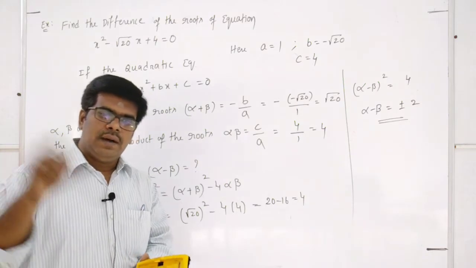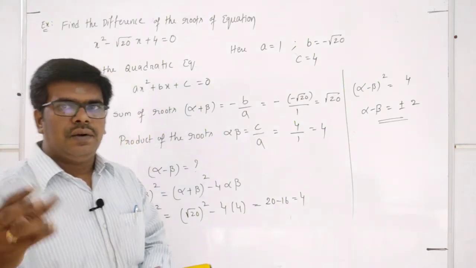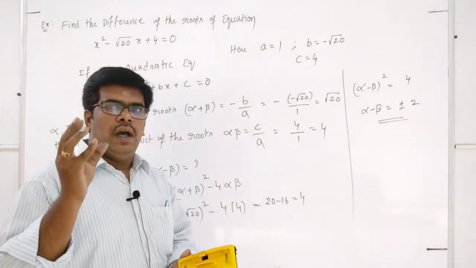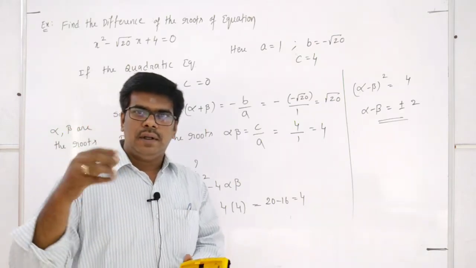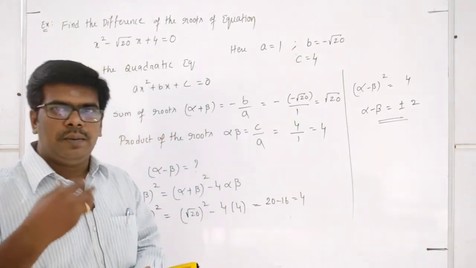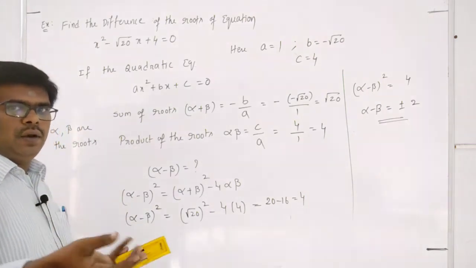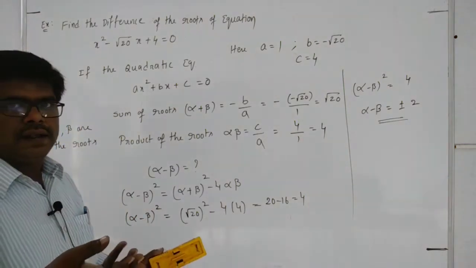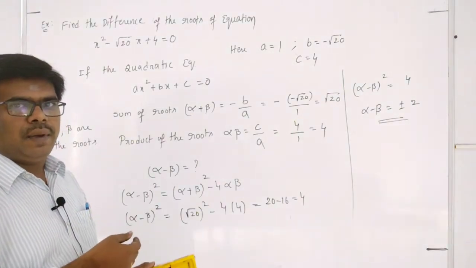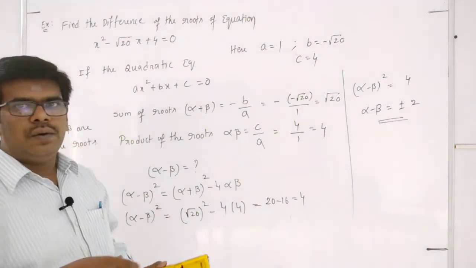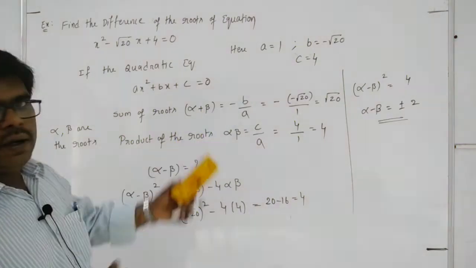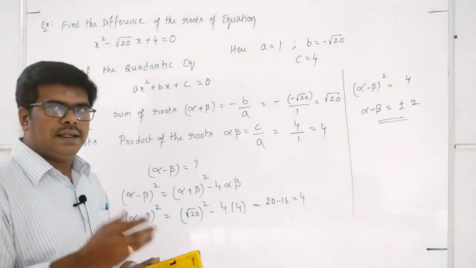So different variables will be present, and you have to solve the quadratic equation at that time. So you need to practice this kind of problems well. Whatever you studied in the lower standards, 9th or 10th standard, on how to determine those, practice those well, and practice whatever problems we gave.